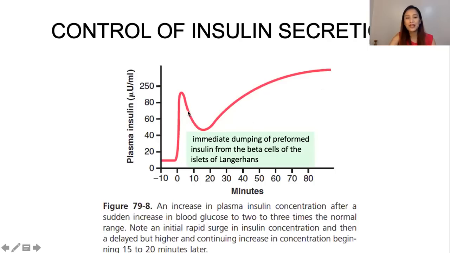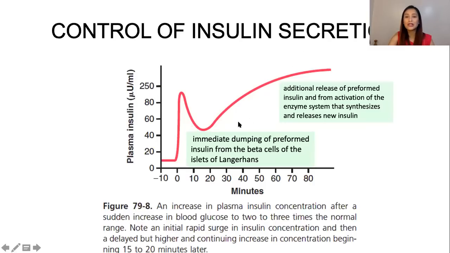The first phase is caused by immediate dumping of preformed insulin from the beta cells of the islets. The additional increase is because of additional release of preformed insulin and from activation of the enzyme system that facilitates the synthesis of new insulin. So this part is from preformed insulin, and this part is from newly synthesized insulin.